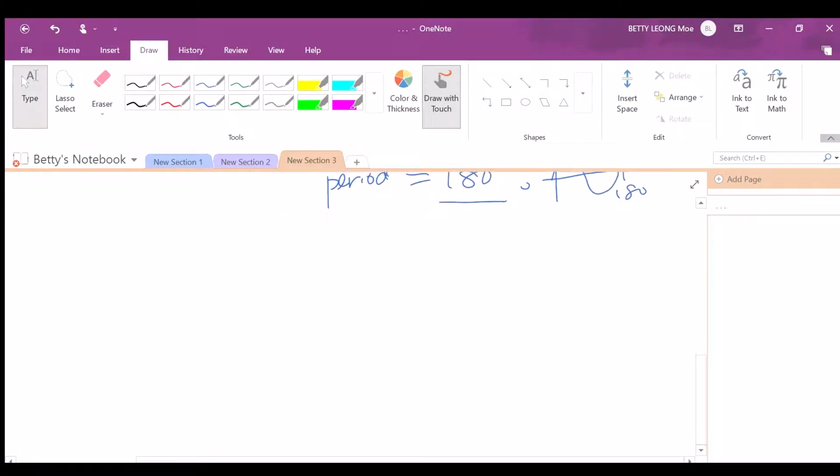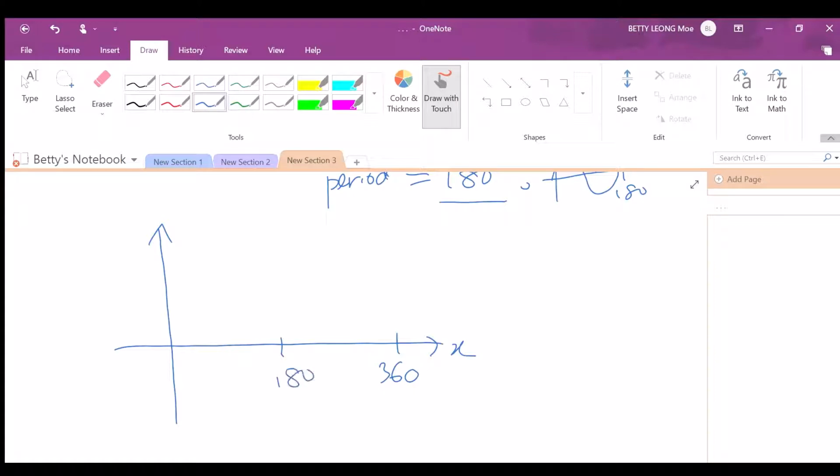This is your y-axis, this is your x. So this is 360, 180, 90, and 270. Remember, 180 is your complete cycle here. To make one complete cycle, for the sine graph you start with 0.